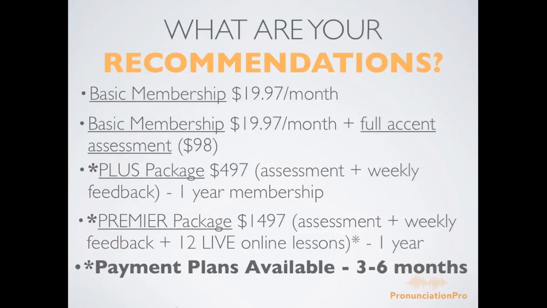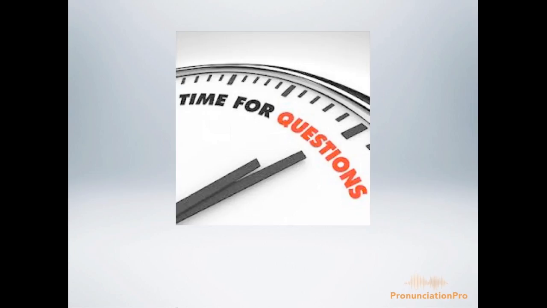It allows you to stretch that payment out over 6 months. That's a great option to spread out the payment, because I know that sometimes that's a lot of money to put up all at once. The goal here is to really get as many people going in this program as possible, so we can help as many people develop that American accent as possible.